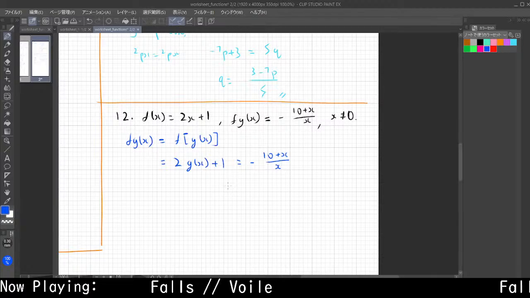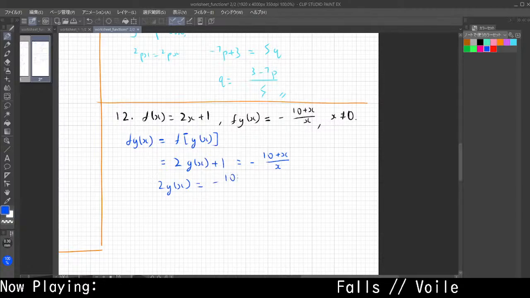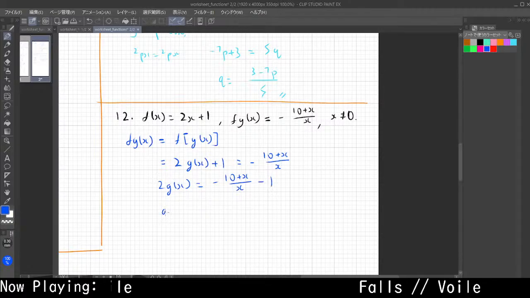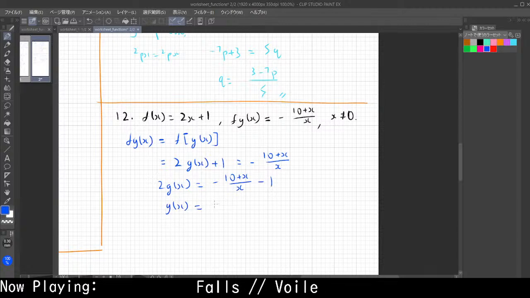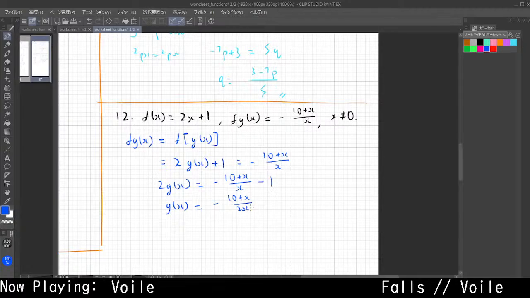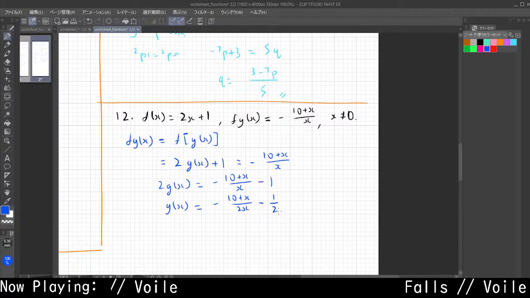So negative 10 plus x over x, minus 1. 2 moves over to do division, so you get g(x) equals negative 10 plus x over 2x minus 1 over 2. For division of an existing fraction, the dividing number goes directly to the denominator. You don't really have to combine this.